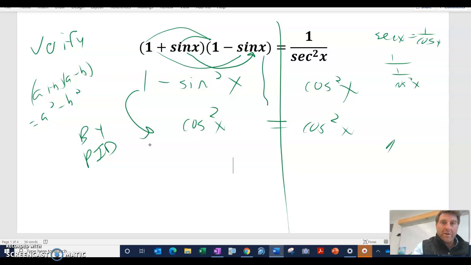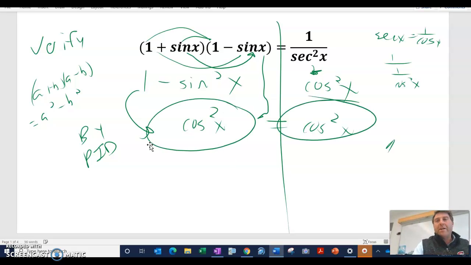I'm kind of working down on the left by itself, and then I did one little simplification on the right by itself. But ultimately, these guys match up at the end. What's on the right equals the left. I've shown that, and thus ends my verification of this other identity, part of which was using the Pythagorean identity, one version of it, from 1 minus sine squared to cosine squared.